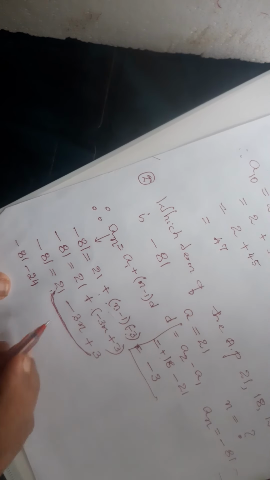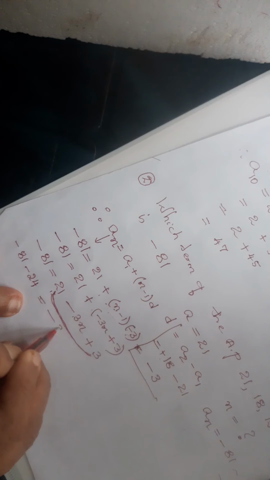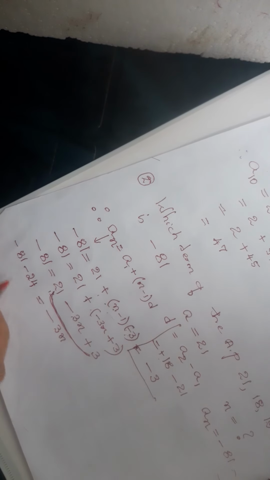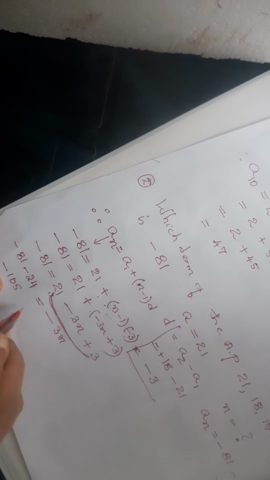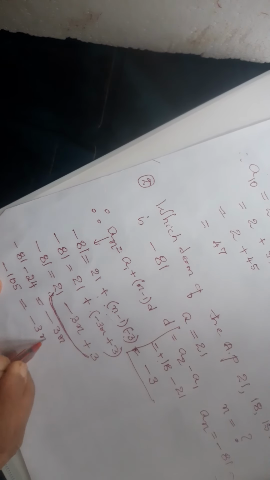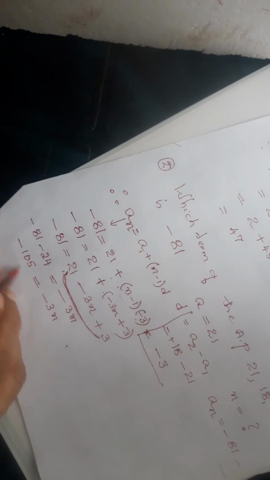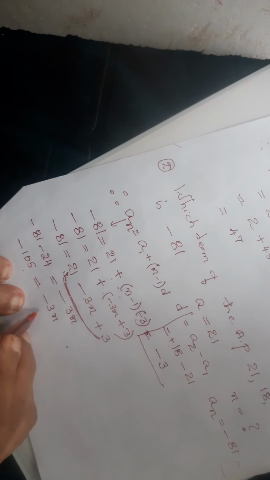I brought it this side, and it is equal to minus 3n. Now I have to finish this sum. This will be minus 105, because same sign you have to add. Minus 105 is equal to minus 3n.